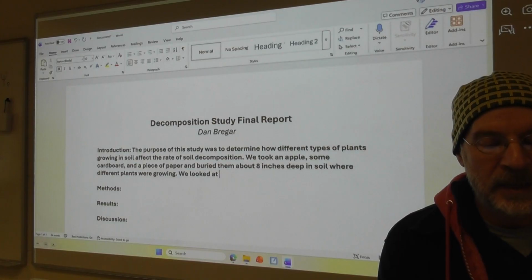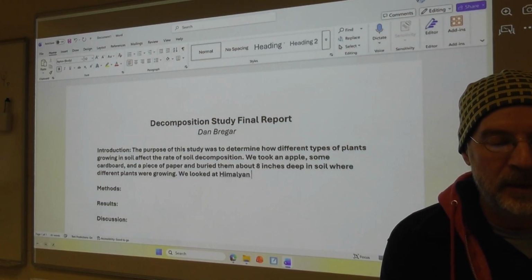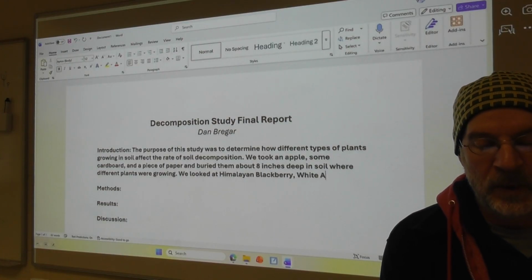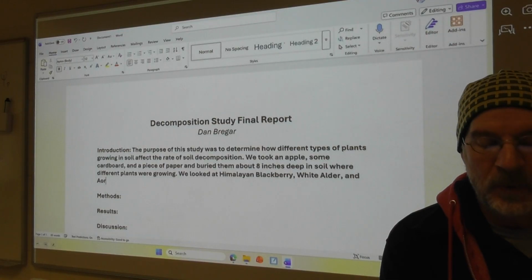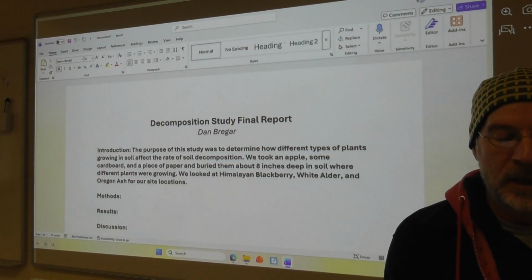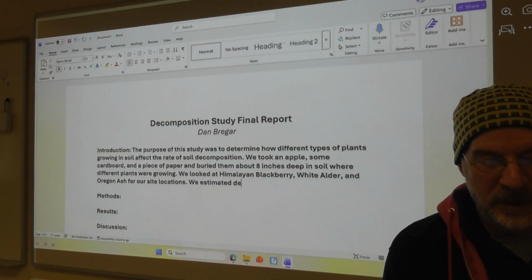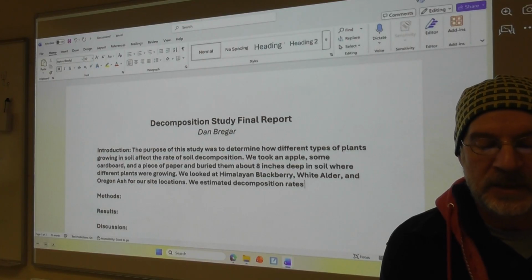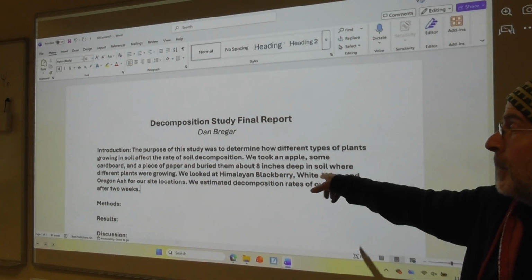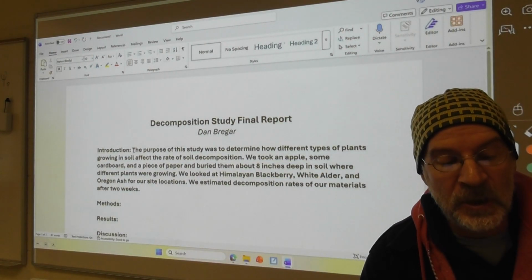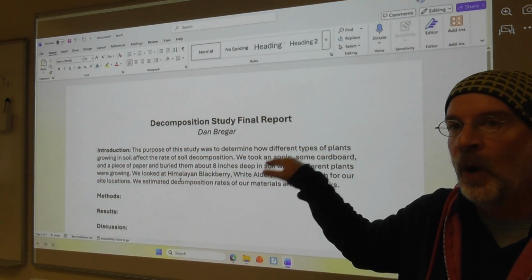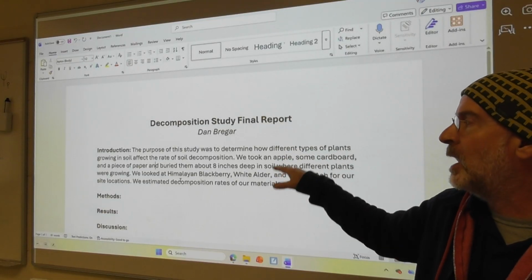We looked at Himalayan blackberry, white alder, and Oregon ash for our site locations. Okay, we estimated decomposition rates of our materials after 2 years, something like that. And this is what it should look like. It should not be the document that I gave you with some short one-word answers. I want it to actually be a report.